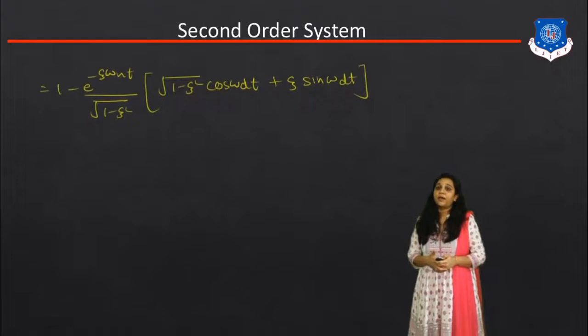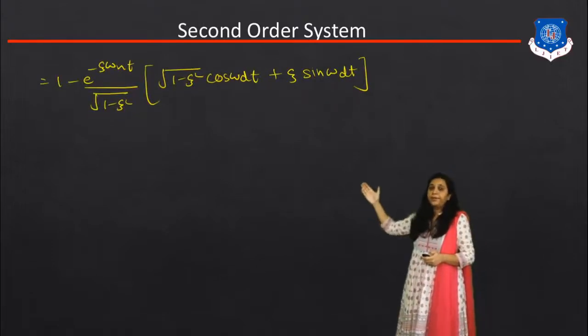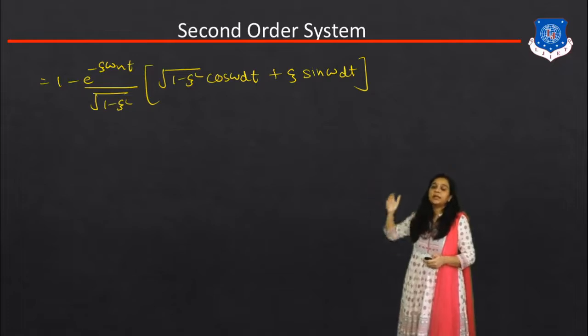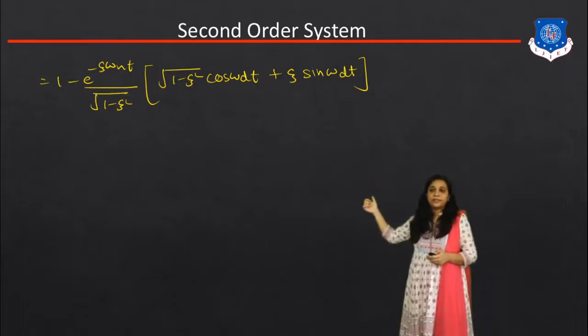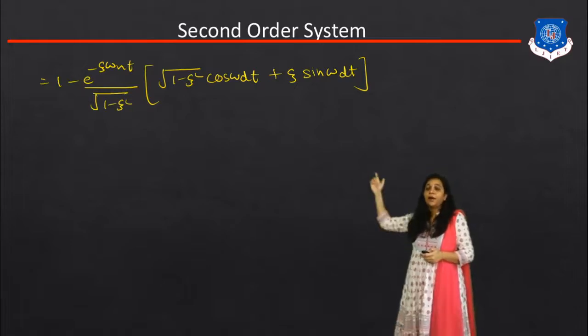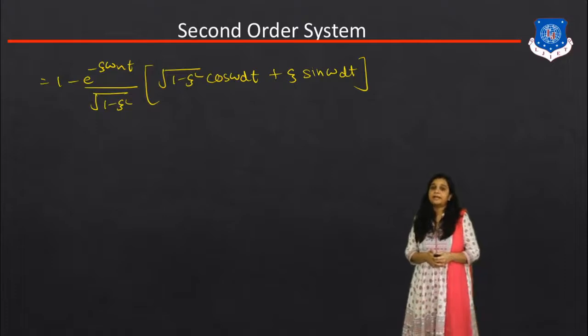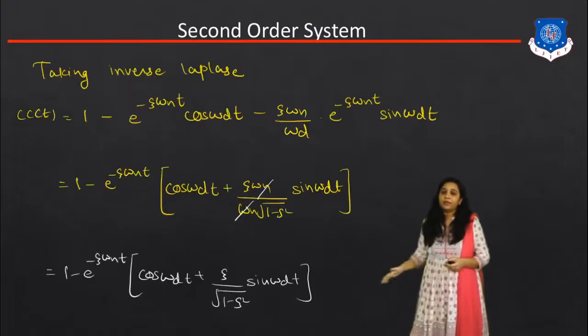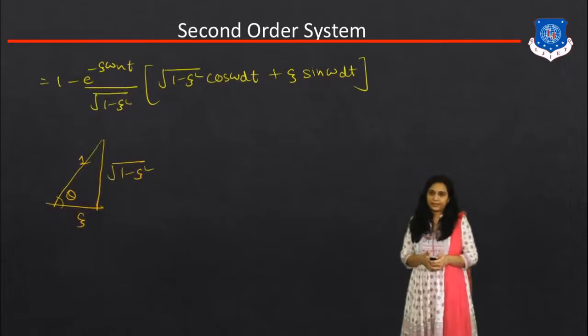Now we have to simplify. We get 1 minus e raised to minus zeta omega n t upon under root of 1 minus zeta square, in this bracket under root of 1 minus zeta square cos omega d t plus zeta sin omega d t. We have to cross multiply the 1 under root of 1 minus zeta square.